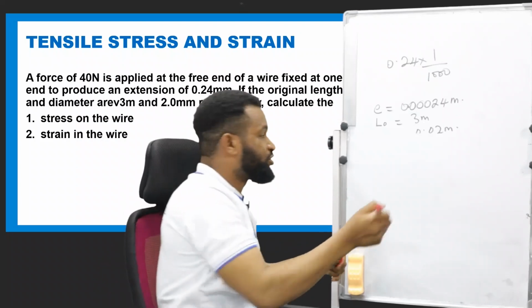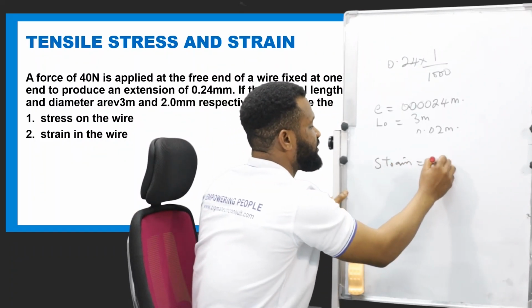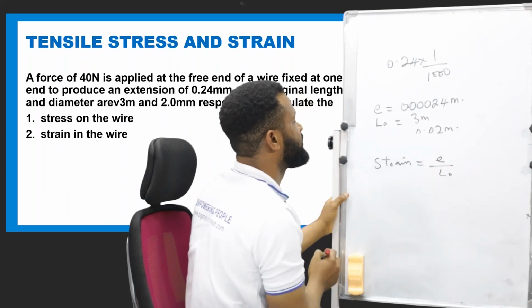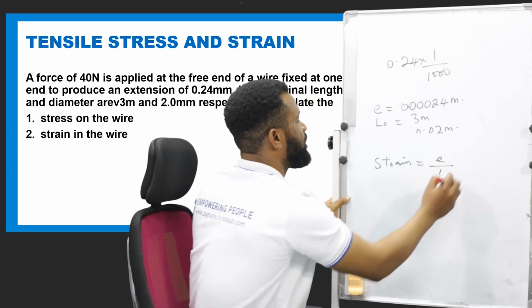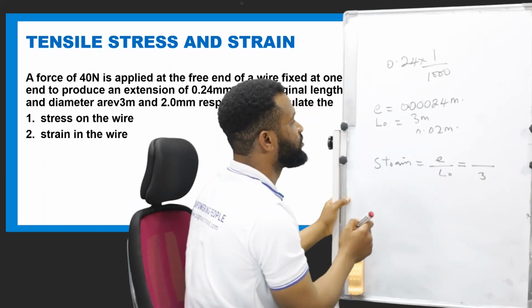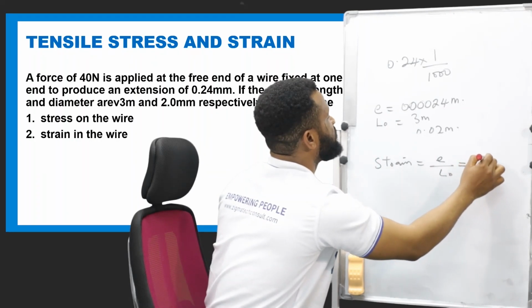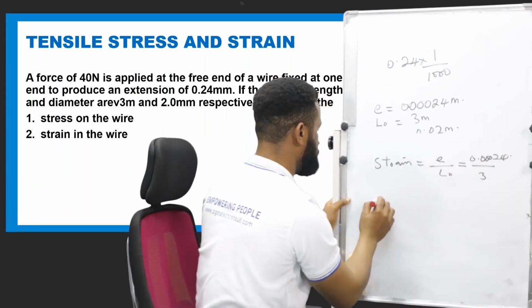And number 2 is talking about strain, and the strain means extension all over original length. And original length is 3. And extension is already given here as 0.00024.